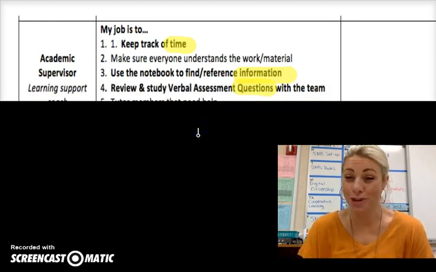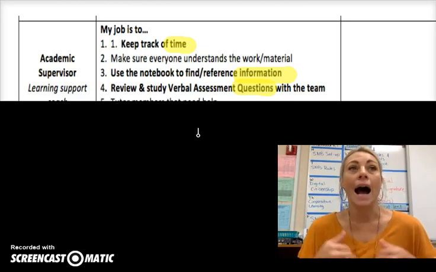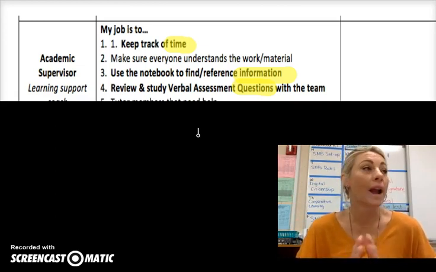Here's the most important job of the academic supervisor. It's the job of reviewing and studying verbal assessment questions with the team. So whenever we're doing cooperative learning, I will have a set of questions up on the screen. I will come by and ask randomly somebody on the team any one of the questions, and you don't know which one.